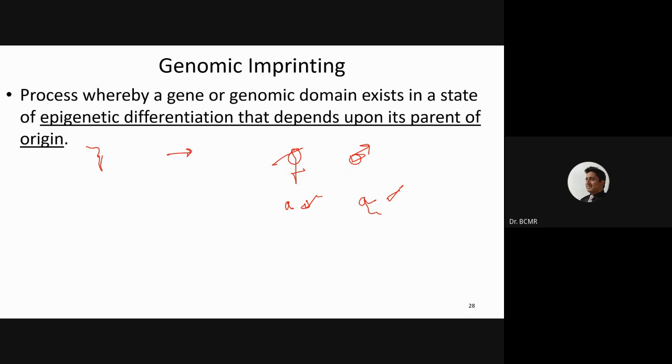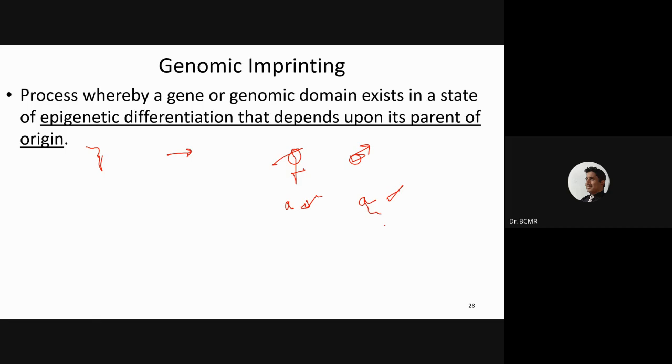So let's see what genomic imprinting actually would mean. It's an epigenetic differentiation or modification. I hope you remember what is meant by epigenetic modification. It is any type of modification on the genome that has a consequence for gene expression, but it should not be a change in the sequence.